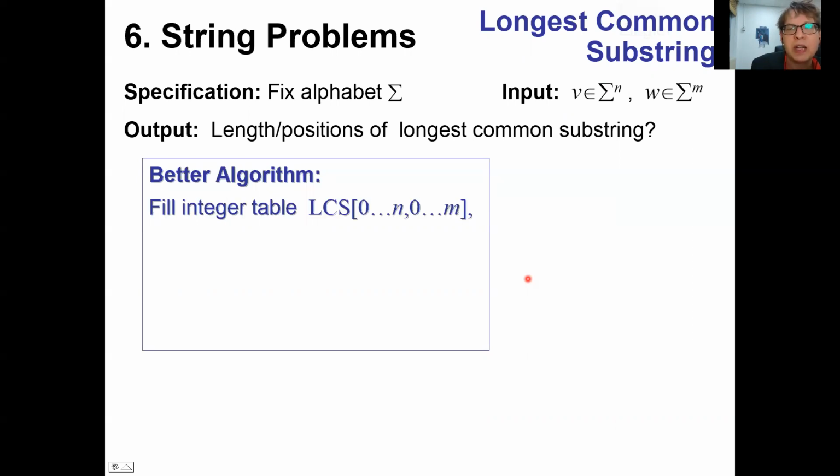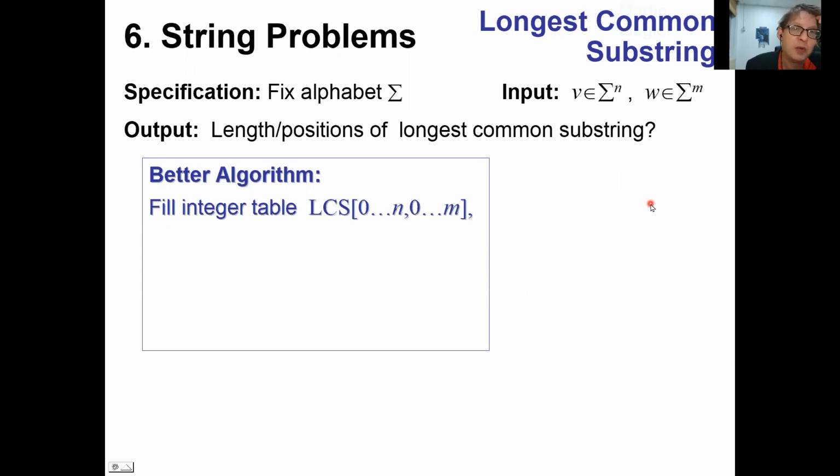So the idea of this algorithm is to create and gradually fill a table, a two-dimensional array, which is here called LCS, as abbreviation for longest common substring. And the meaning of the table entry, right?